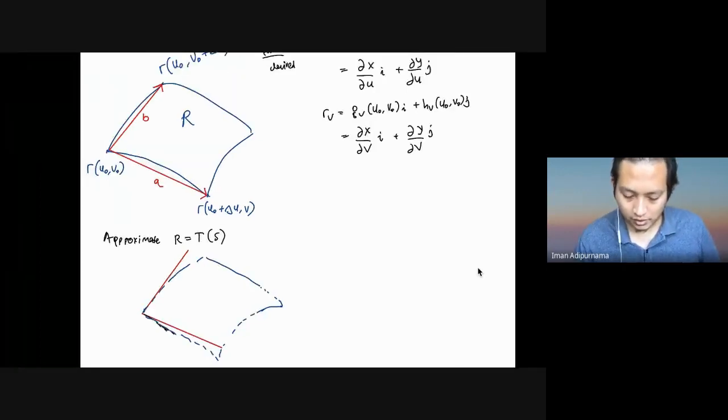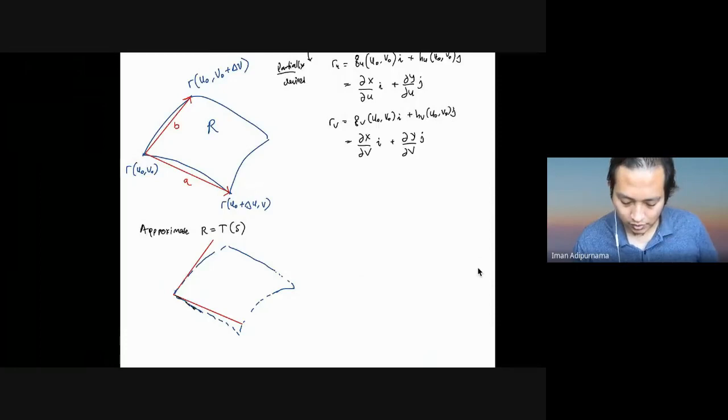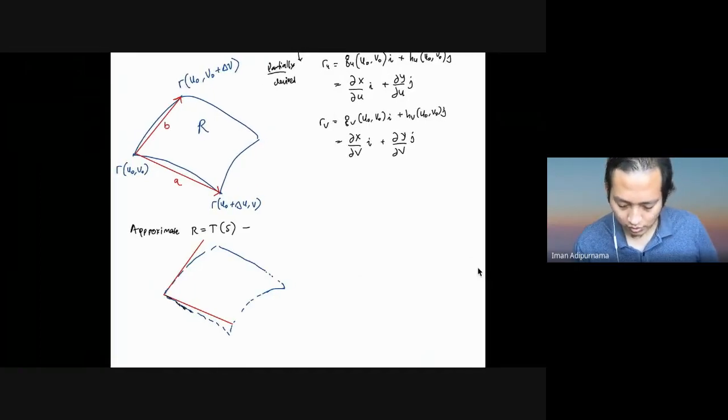And we can approximate this, that is the parallelogram.